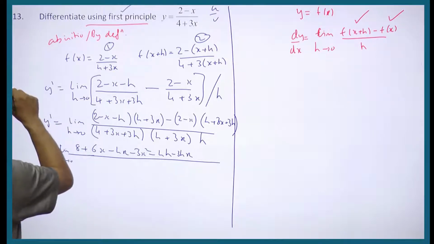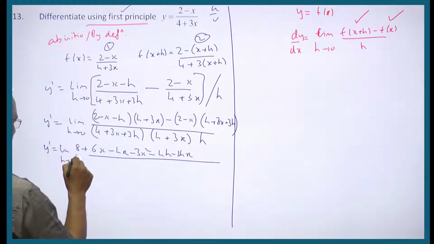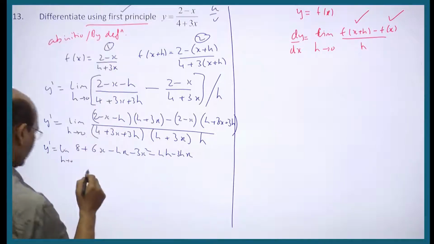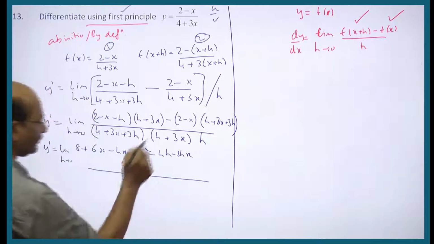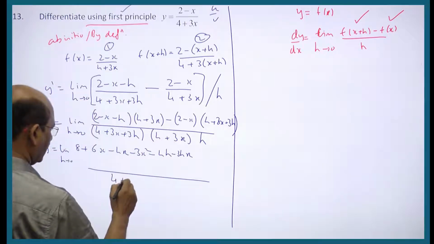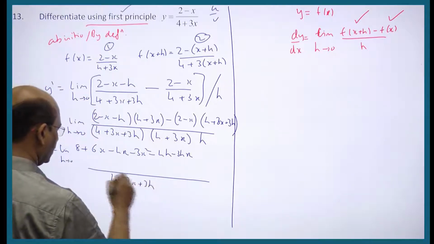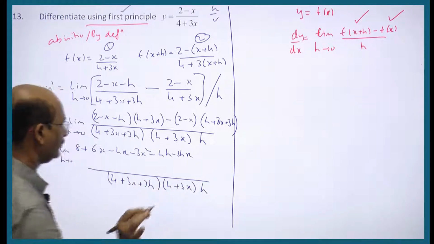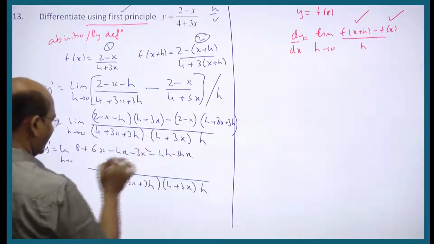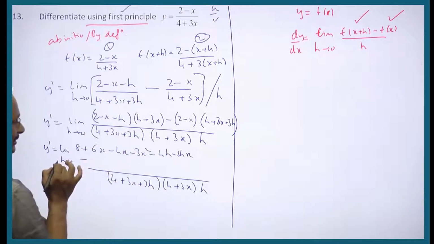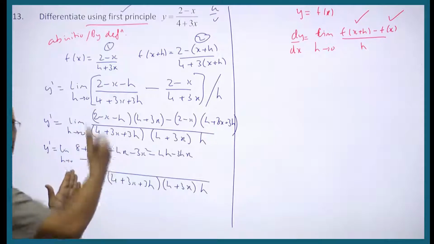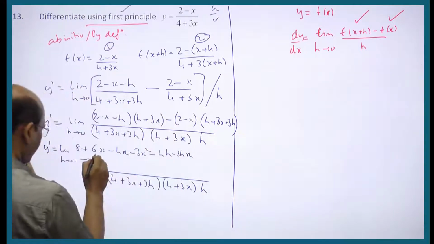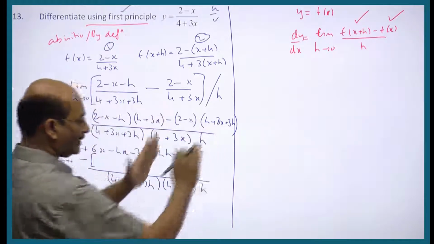Now, what I am going to do is I will just write this properly. Now, why I did this, I will tell you. This denominator I write here, that is (4 plus 3x plus 3h) into (4 plus 3x) into h. Now, hold on. I have opened up this, then there is a minus sign here, so I put a minus sign. I am writing this simplification here so that whatever you can eliminate, you can eliminate there itself. Minus is outside, so don't confuse. First solve the inner part, otherwise you will make mistakes.